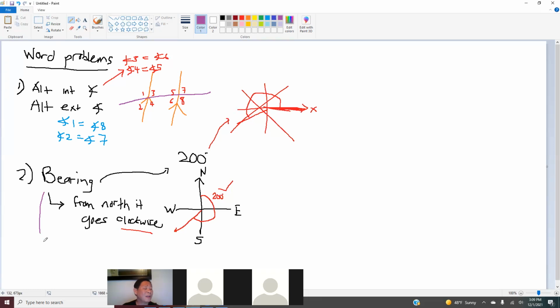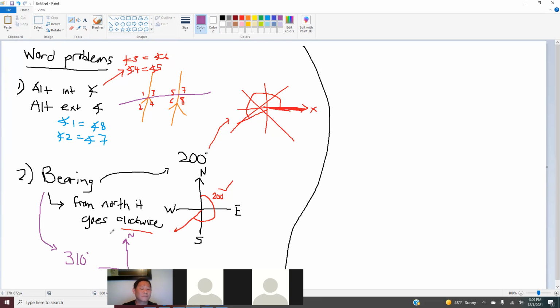Let me give you another one. Can you tell me where is bearing 310 degrees? Anyone? What quadrant is 310 degrees?